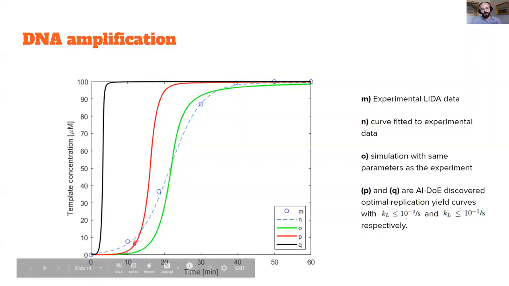And with our model, we built the green curve here, which approximates the experimental data pretty well. The black curve is the optimization, where we used an unrealistic ligation rate, and the red one is the realistic one. So we have found something that is even faster than what was shown experimentally.